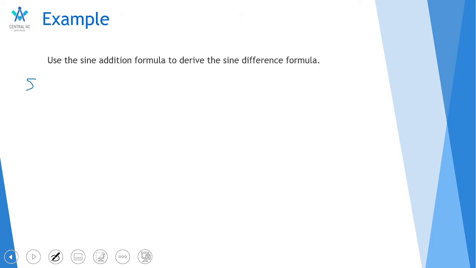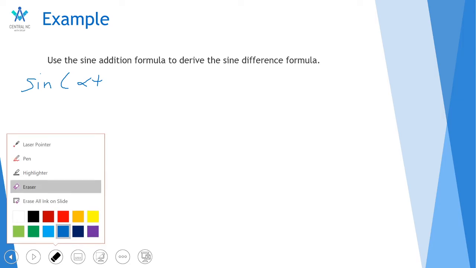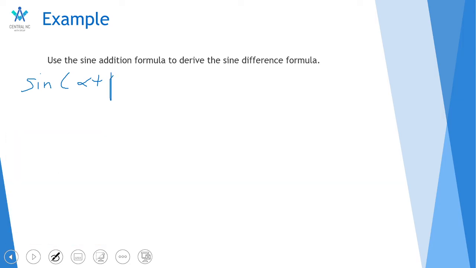So I'll write it again right here. Sine of alpha plus beta. Excuse my handwriting. Sine of alpha plus beta equals sine alpha cosine beta plus sine beta cosine alpha.